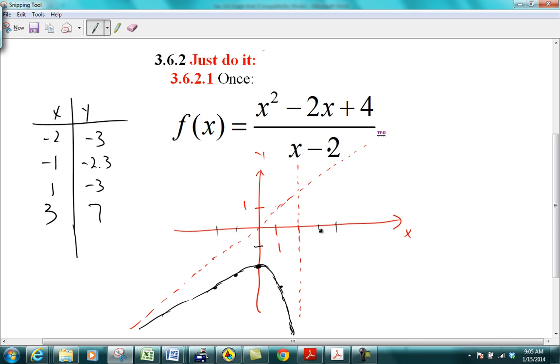So that's 1, 2, 3. Here's my 4, 6. So 3, 7, let's say, is about here. And I should have really put another point after that. But you know that this is your asymptote right here. Let me just extend these asymptotes so we have enough of that to give us an idea. So your graph now is this guy here.